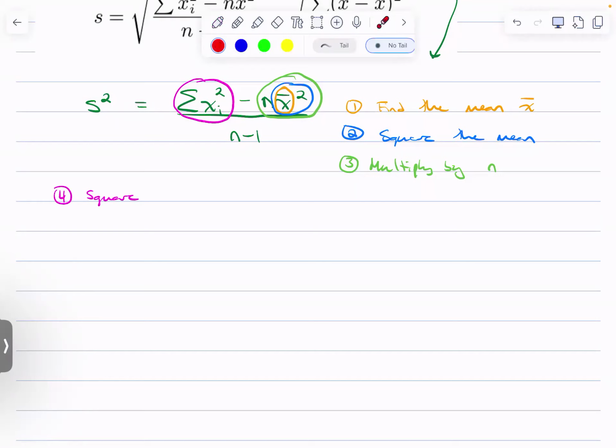Okay. So what this is saying, xi squared, and then add those all up. Square each observation, add them all up. Add up all those squared observations. I should do it in 2 colors, shouldn't I? But I'm running out of colors. Square each observation.